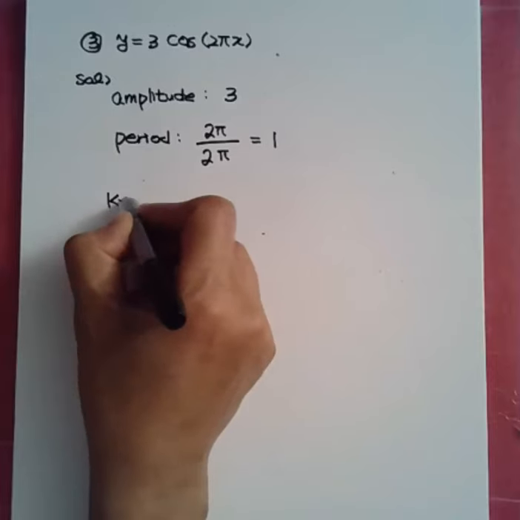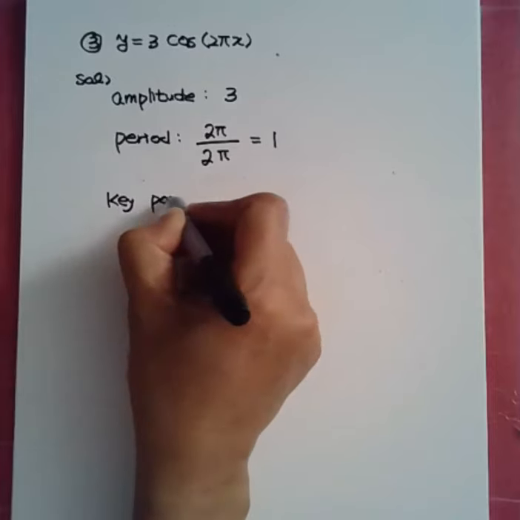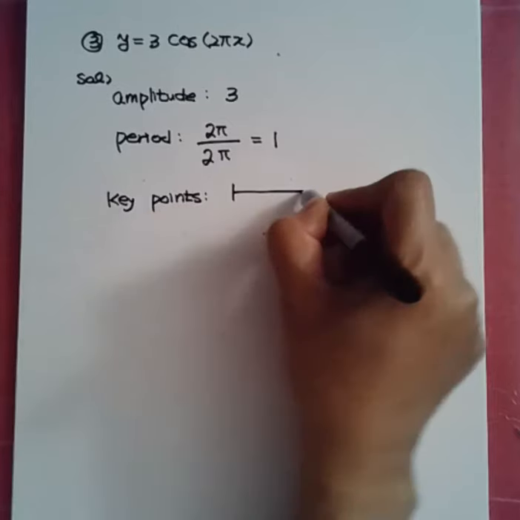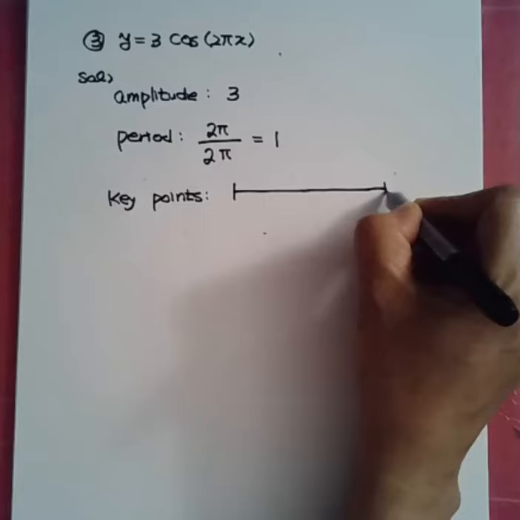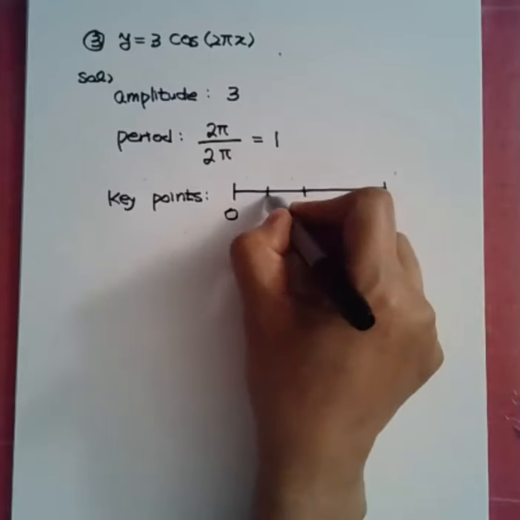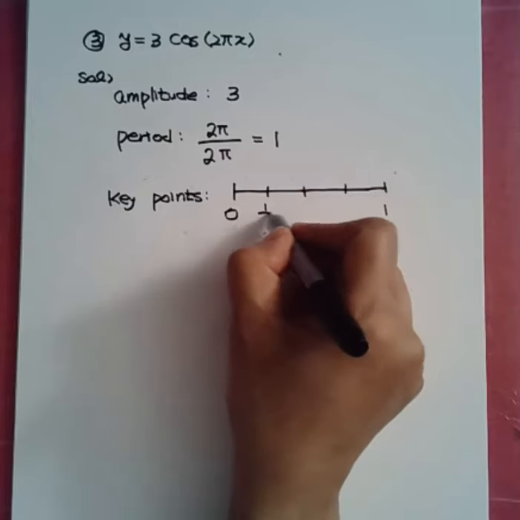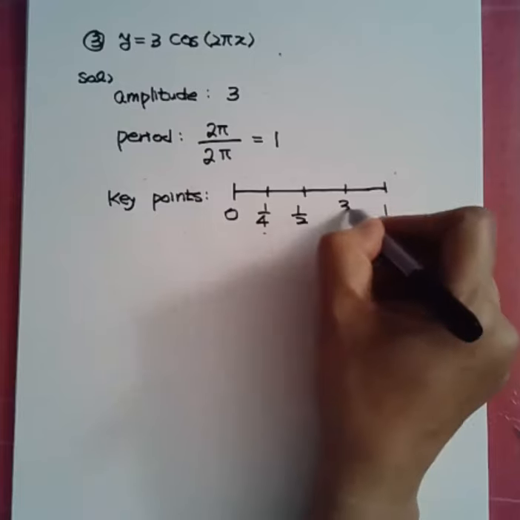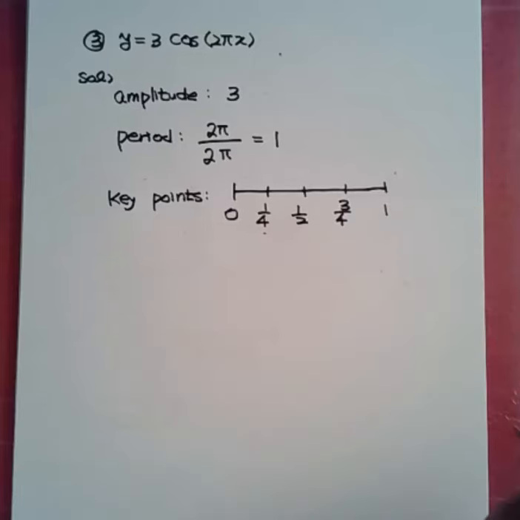Key points: divide the interval into 4 equal intervals. So this is easy. 1/4, 2/4, which is 1/2, and 3/4, and 1.